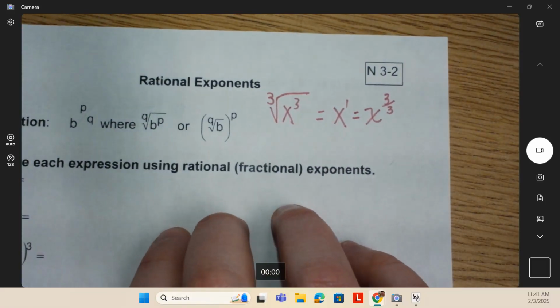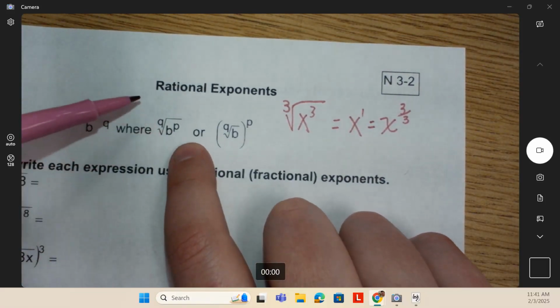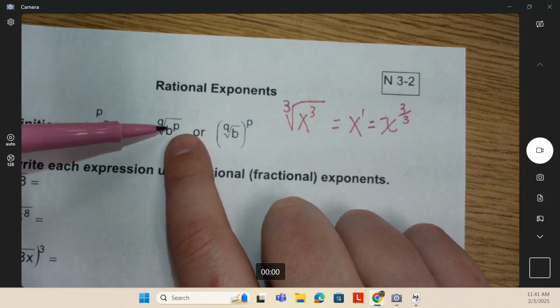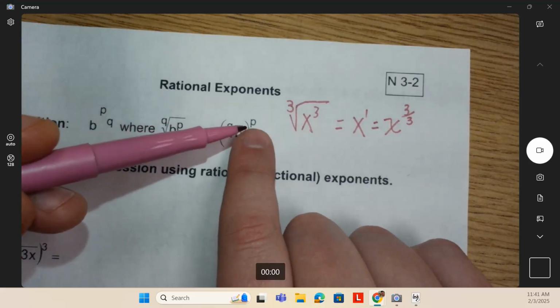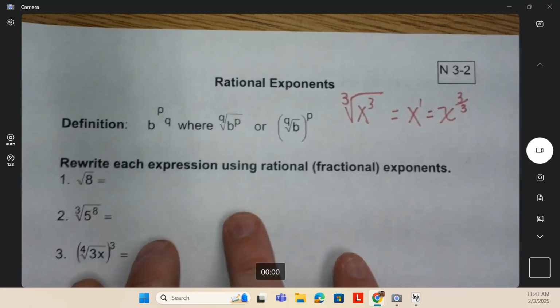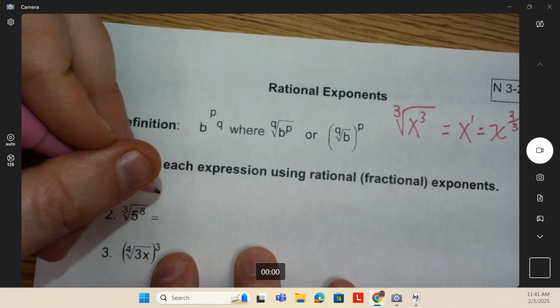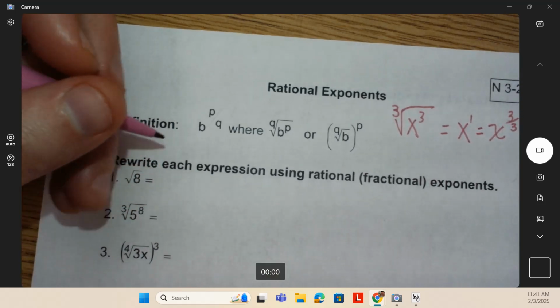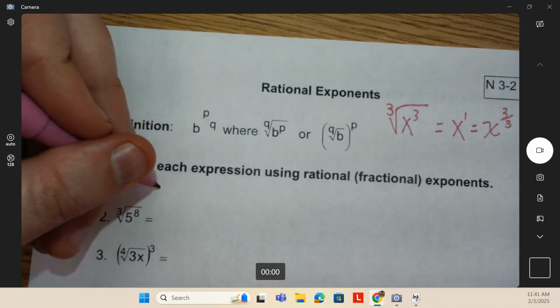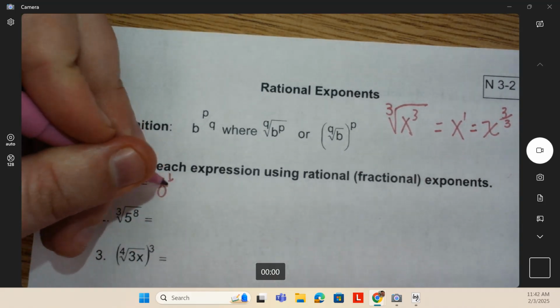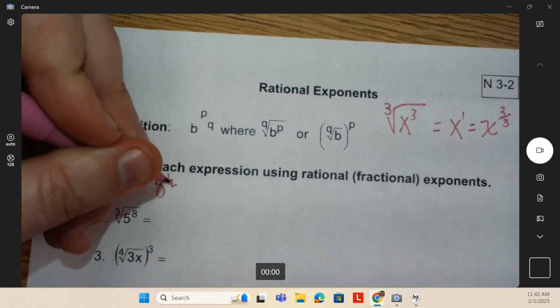So that'll work the same way if we have the exponent inside the house or if we've got it outside the house here. So looking at it here, the square root of 8, writing it just as a rational or fractional exponent, we'd write that as 8 to the 1/2 power.